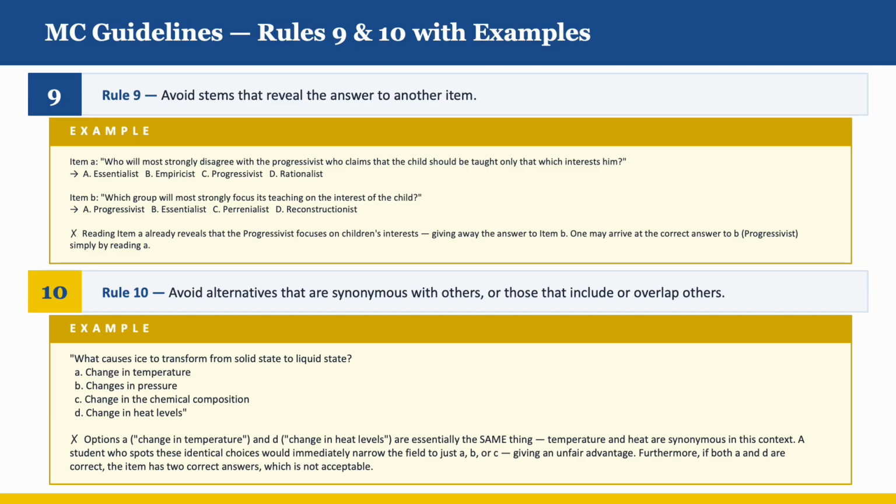Temperature and heat are synonymous here. So if one is right, so is the other. Now you have an item with two correct answers, which is a serious problem. And even before reaching that conclusion, a smart student narrows the field just by spotting the overlap. So each option must be distinct and unique.